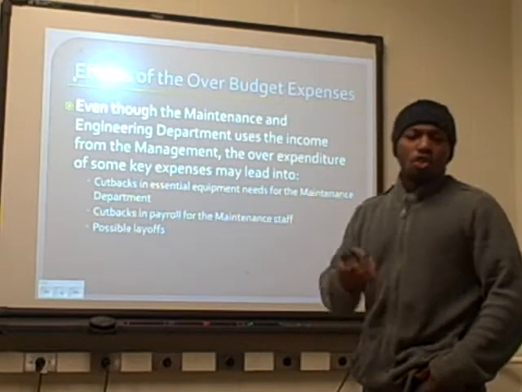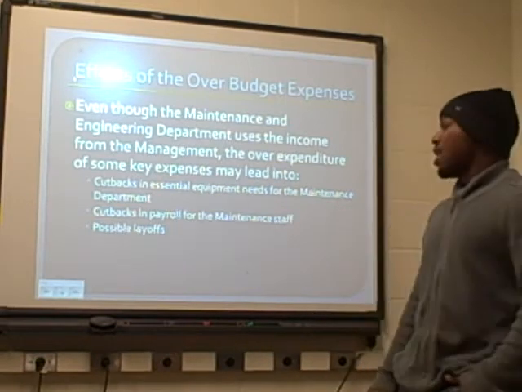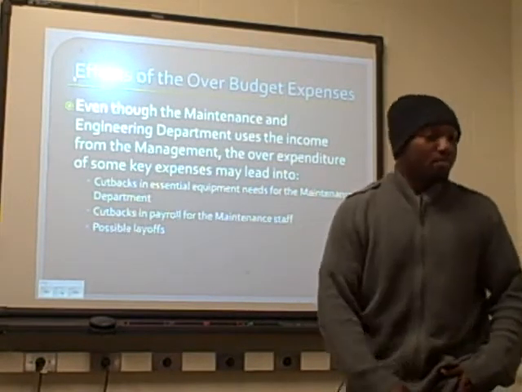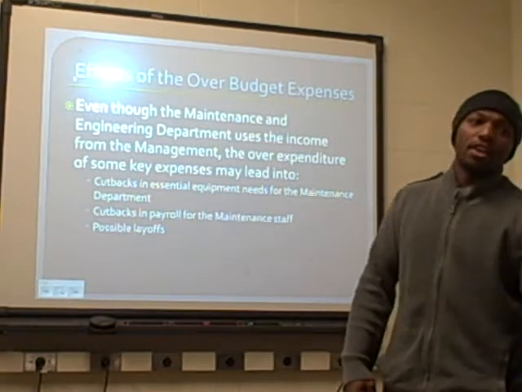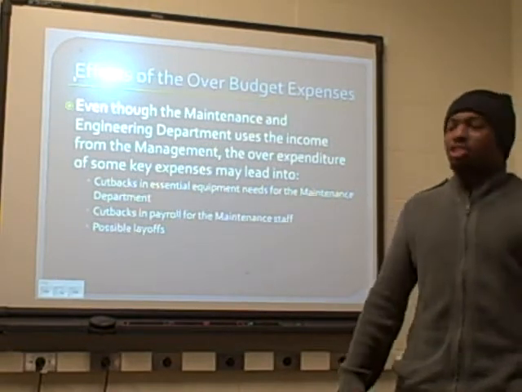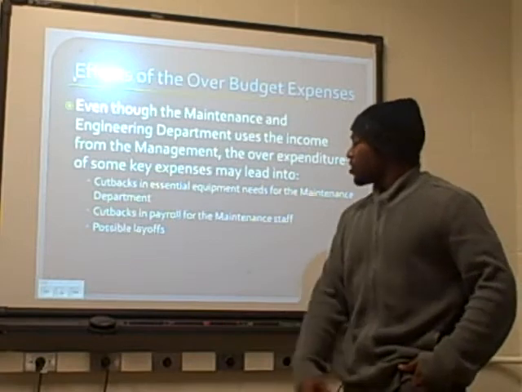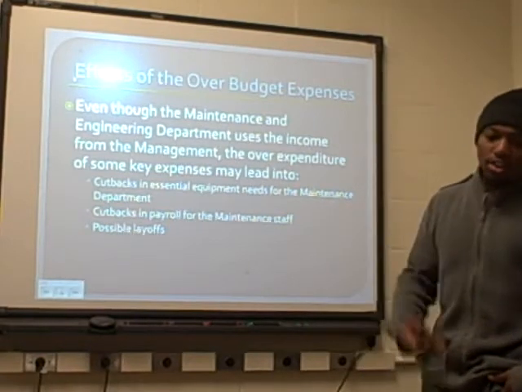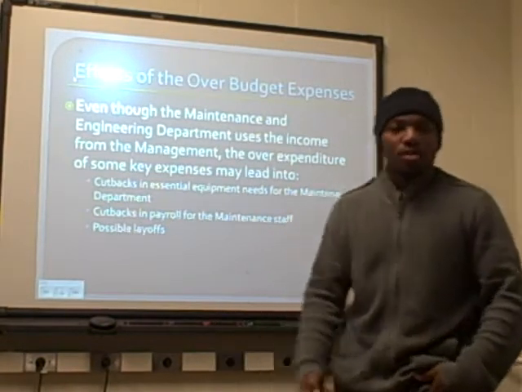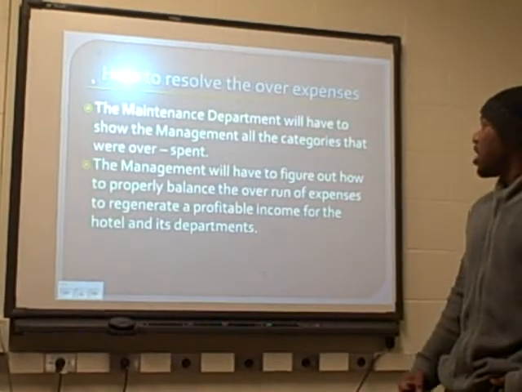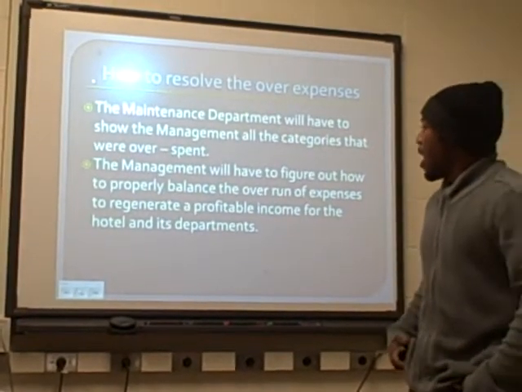The effects of going over budget are going to affect us tremendously. We're going to have possible layoffs of employees, which may affect the daily operations of the hotel, and cutbacks to equipment. So we're in the red in certain areas, and that's affecting us tremendously.